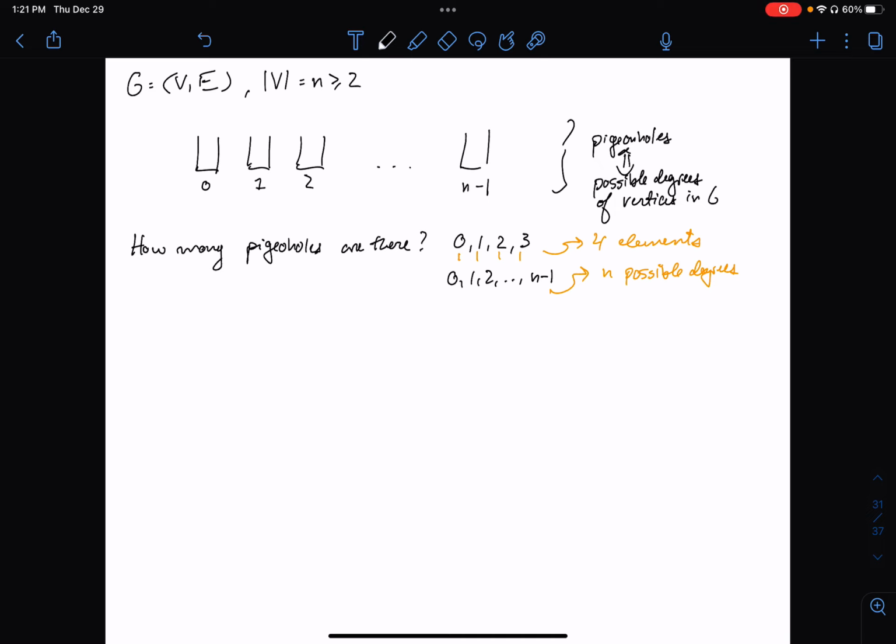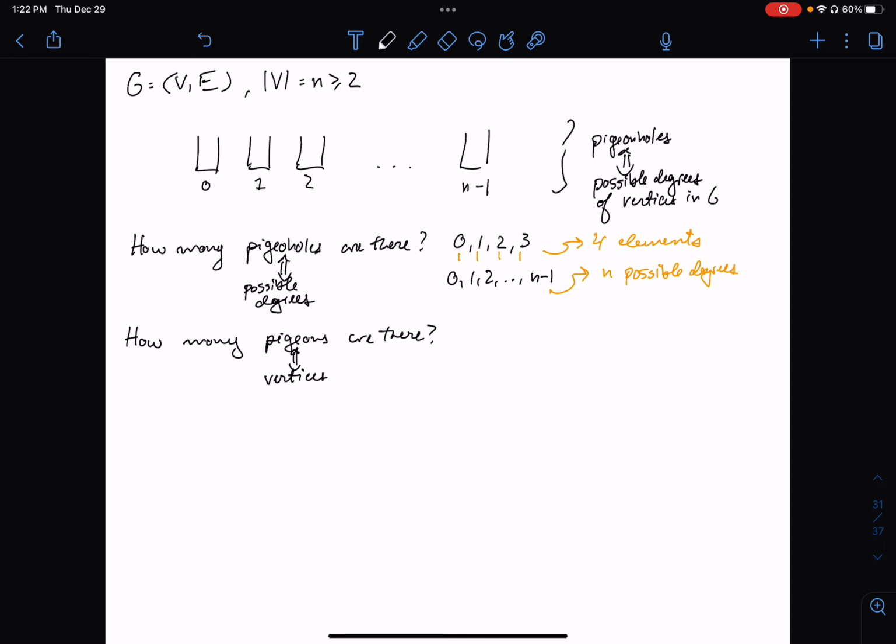Now, what are the pigeons? How many pigeons are there? Remember, the pigeons here are the vertices, and the pigeonholes are the possible degrees.